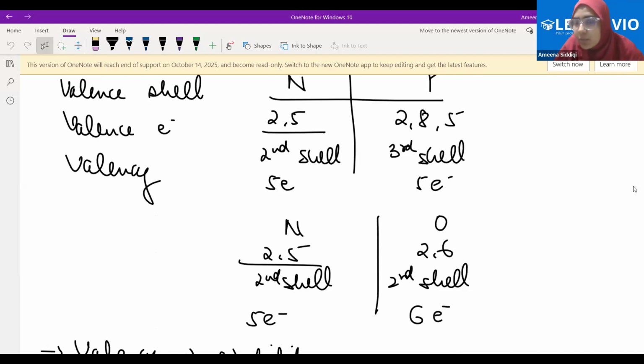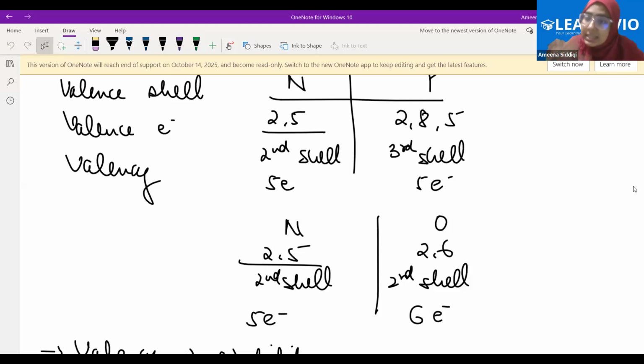We get it through the atomic number, because the number of protons, which is the atomic number, will be equal to the number of electrons. We arrange them in the electronic shells and get the electronic configuration. Now, from that electronic configuration, whatever the last shell is, that shell is called the valence shell.